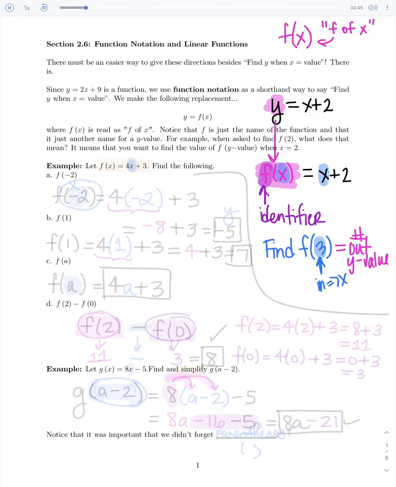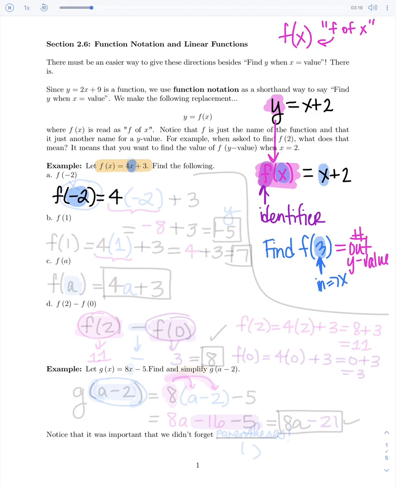For this first example, they tell us they want our function f of x to equal 4x plus 3. Then they tell us, first of all, to find f of negative 2. Whatever's inside these parentheses needs to get plugged in for x in the function. So the 4 will stay the same.